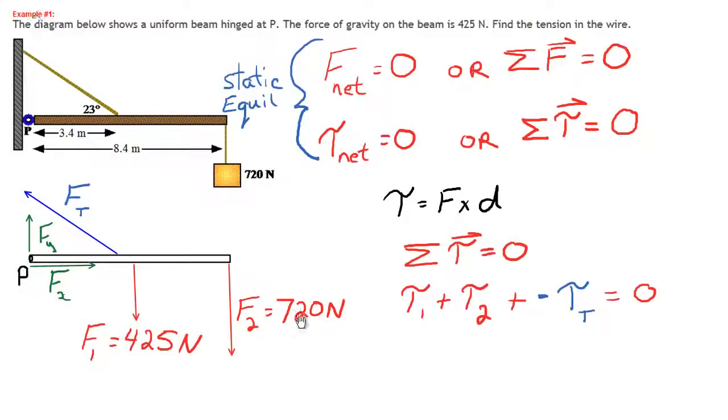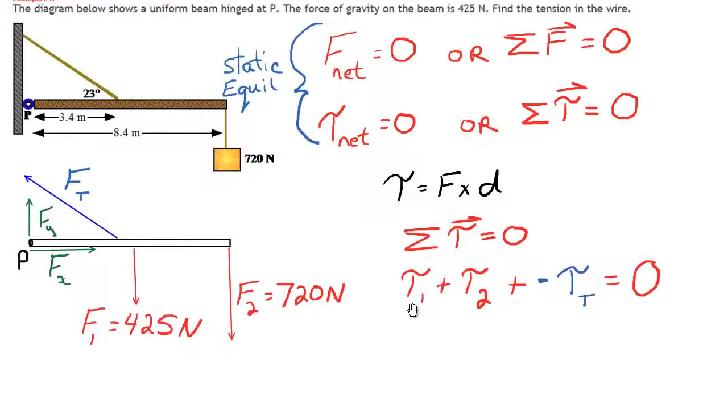In my equation, T1 is the torque generated by F1, T2 is the torque generated by F2, and capital T, tension, is the torque generated by Ft, the tension force. Notice this one's negative because we said it's counterclockwise. Now torque 1 is force 1 times the distance to the pivot point.